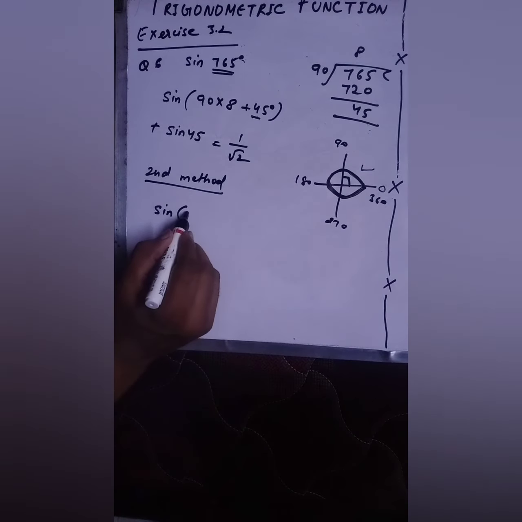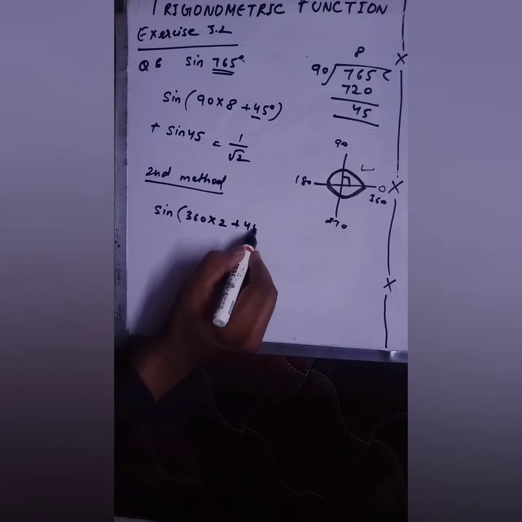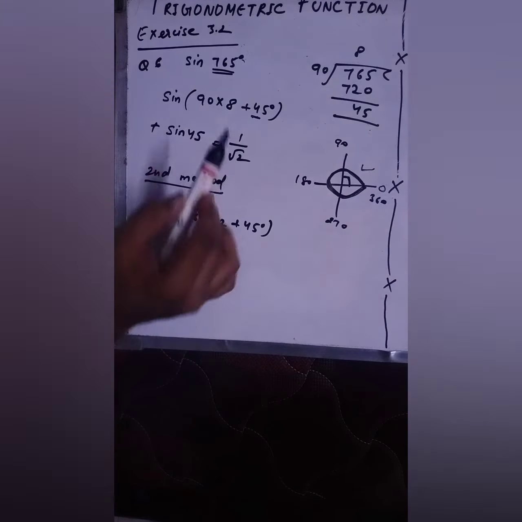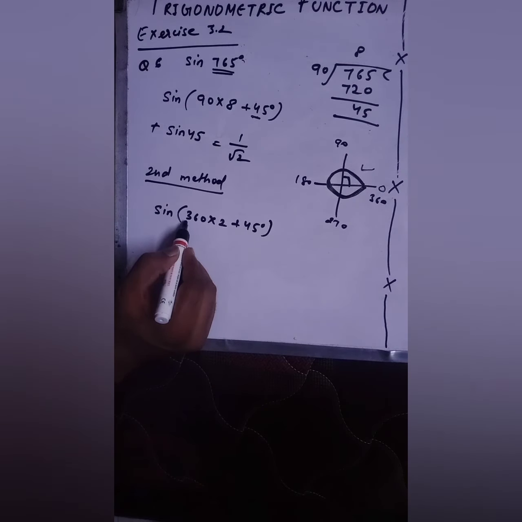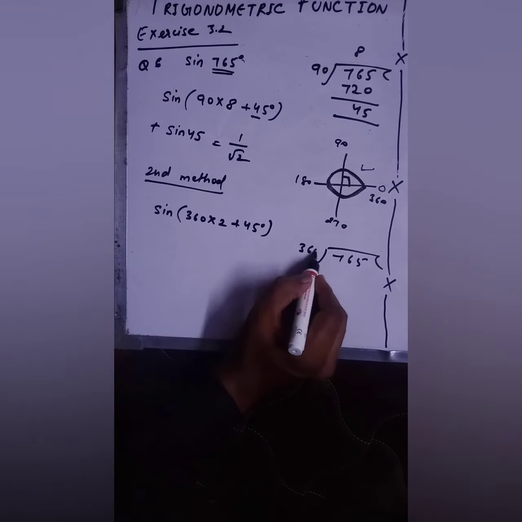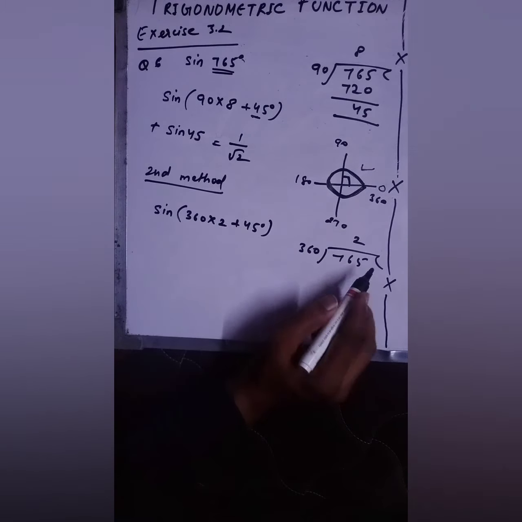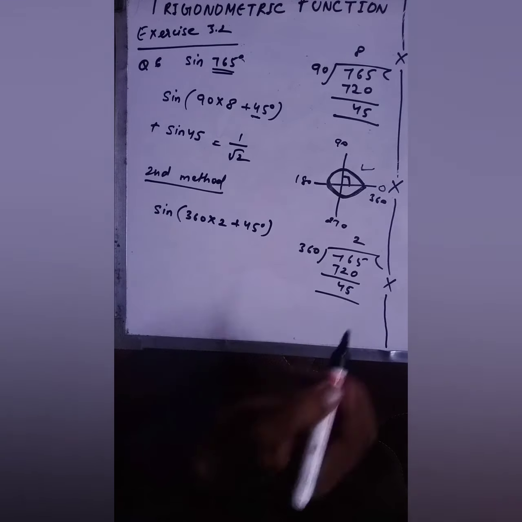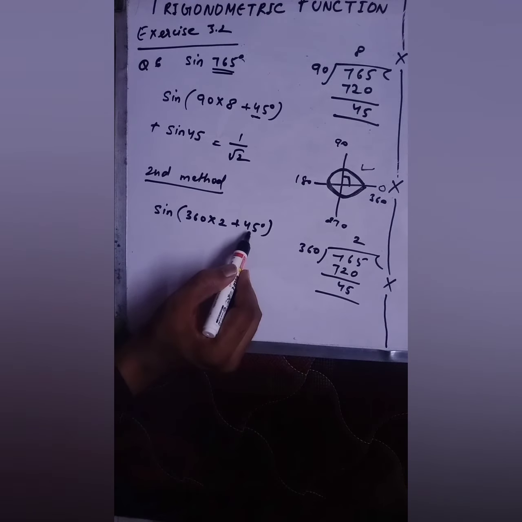So I can write this as 360 into 2 plus 45. So when you divide 765 by 360, you will get 2, and the remainder is 45. So I'm writing 360 into 2 plus 45.